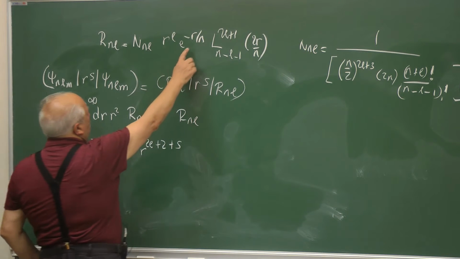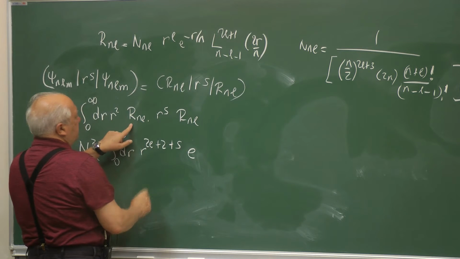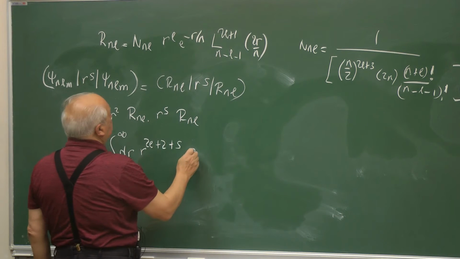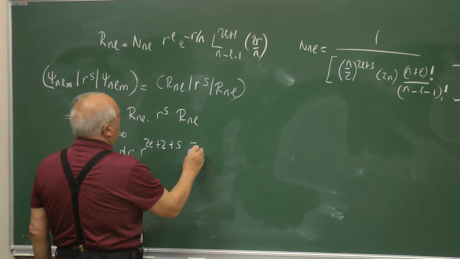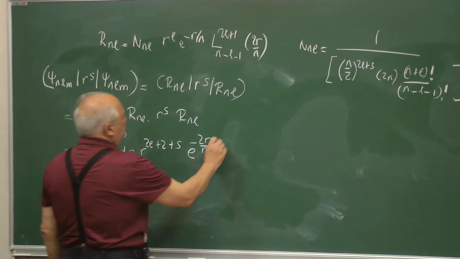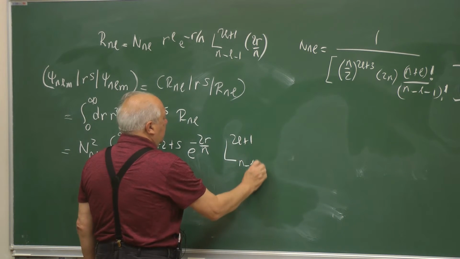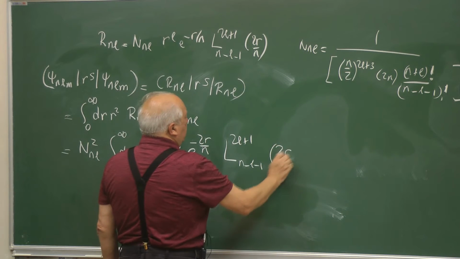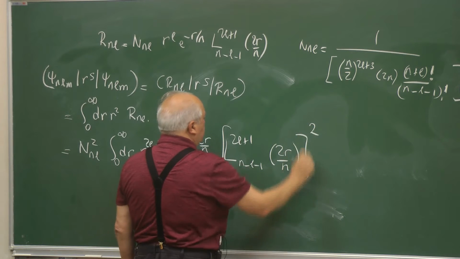Then the square of it, one coming from the first, the second one from the second wave function, 2r over n, and L alpha squared.